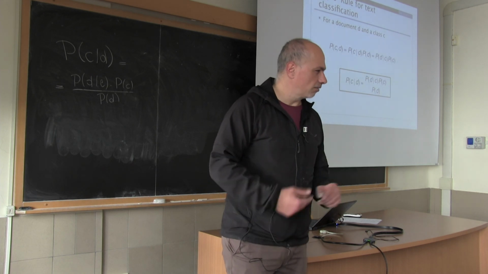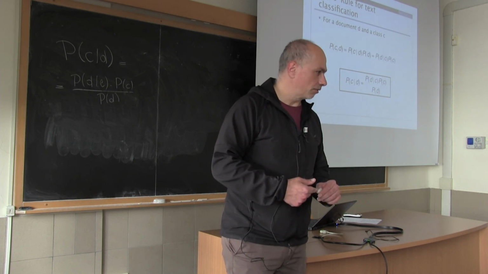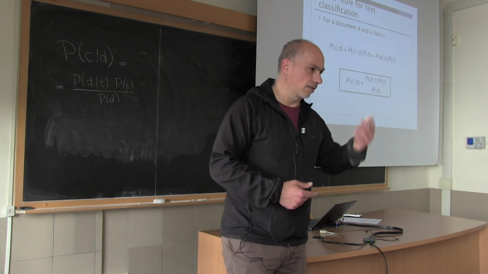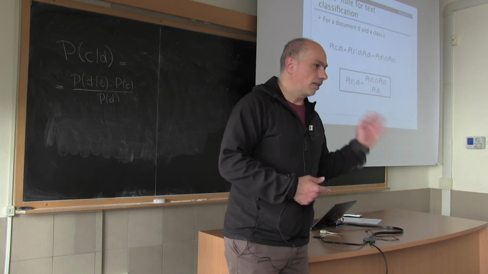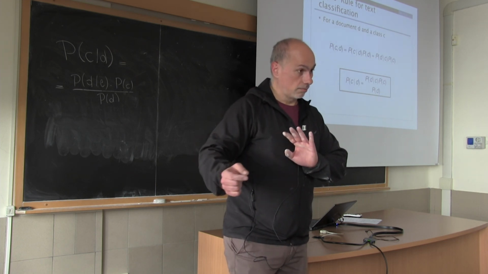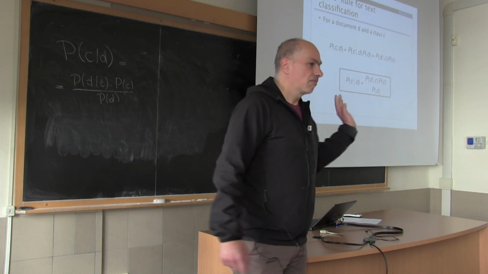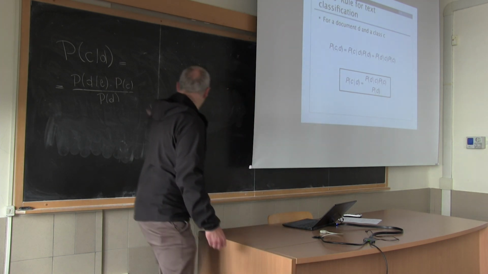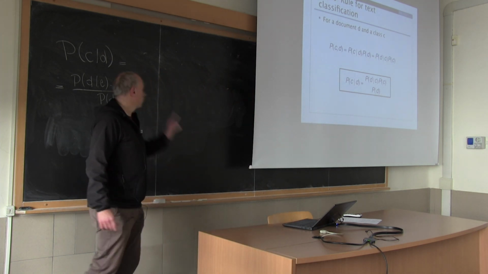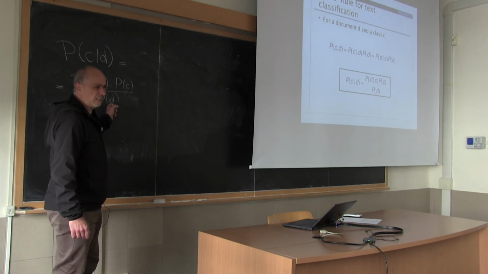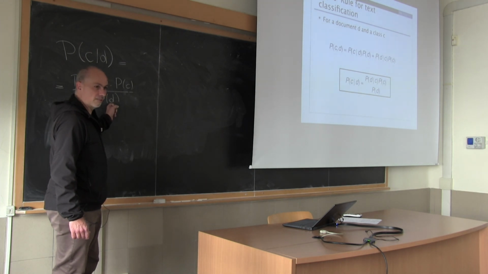So the results about sampling I was telling you about guarantee that if I pick a sufficiently large training set and the documents are generated, let's say, independently of each other from the same probability distribution, at some point I will be able to track this probability fairly well. So I don't worry about it for the moment. I should worry about this one, but we will see that this is not actually important, luckily for us. Let's worry about this. But that's the same. It's not really the same.